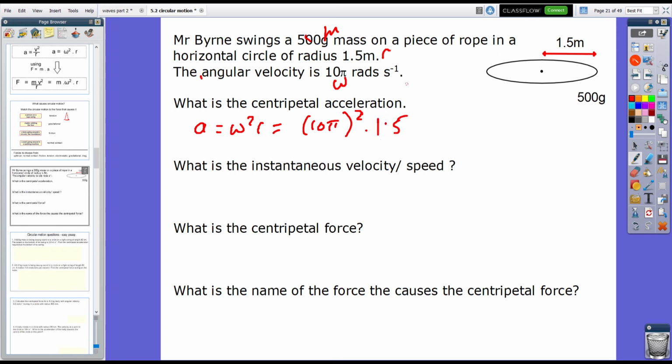That's 100 pi squared, 150 pi squared. 150 times pi squared, and I'm getting 1480. So let's say 1.48 times 10 to the 3.